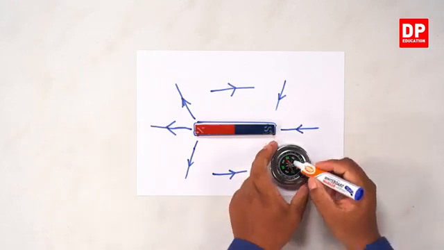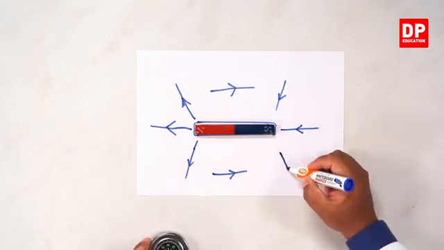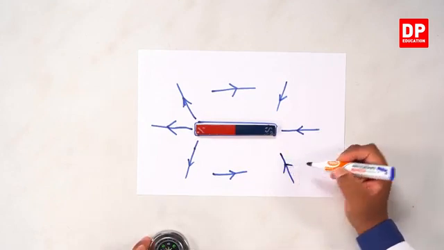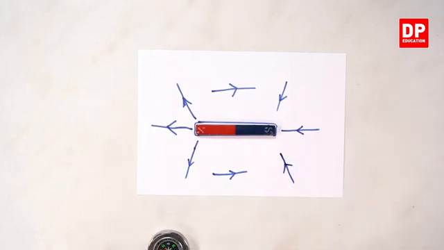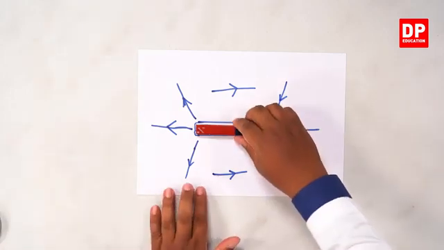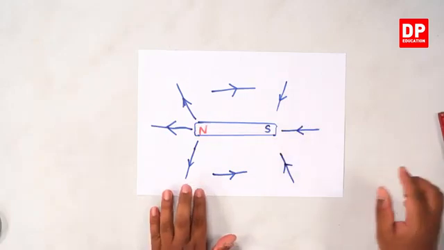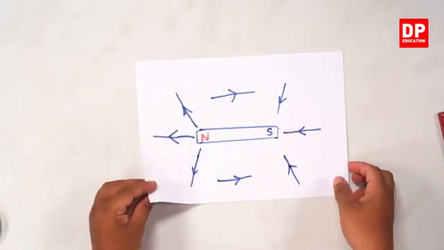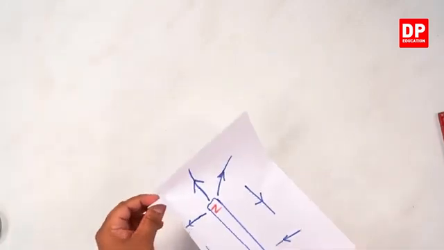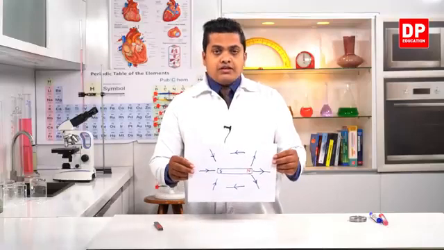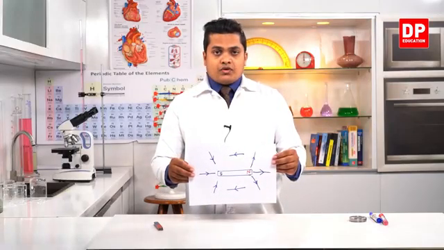So we'll draw out that also. So this is the pattern that we obtained when we are drawing. So I'm going to remove the magnet. So this is the pattern that we have obtained when we are drawing the structure or the arrangement of magnetic field lines.